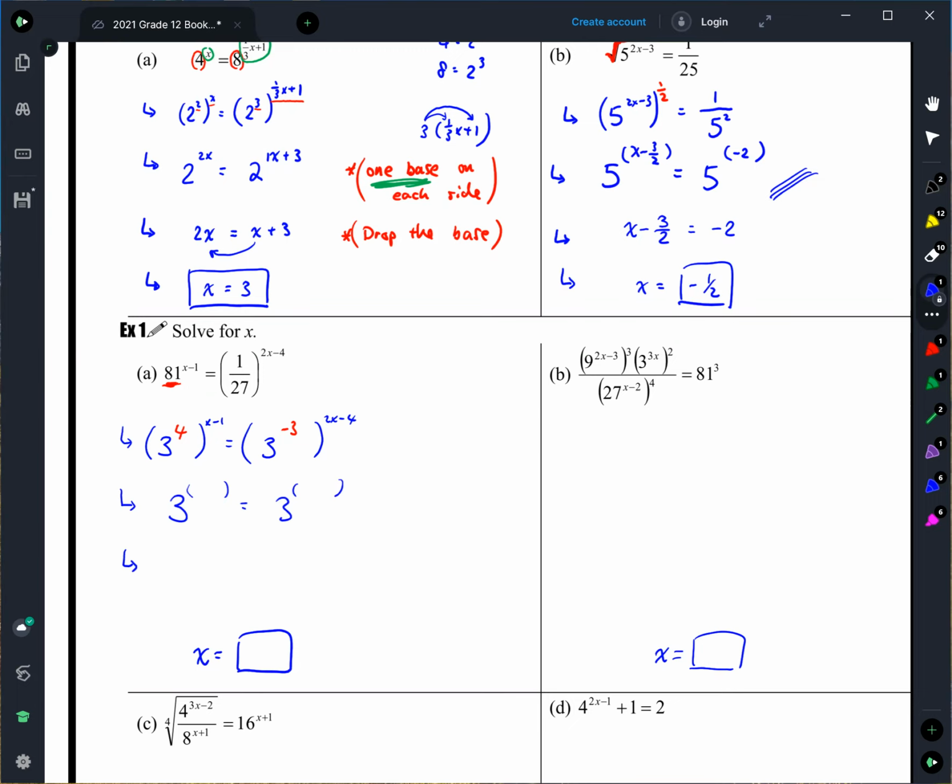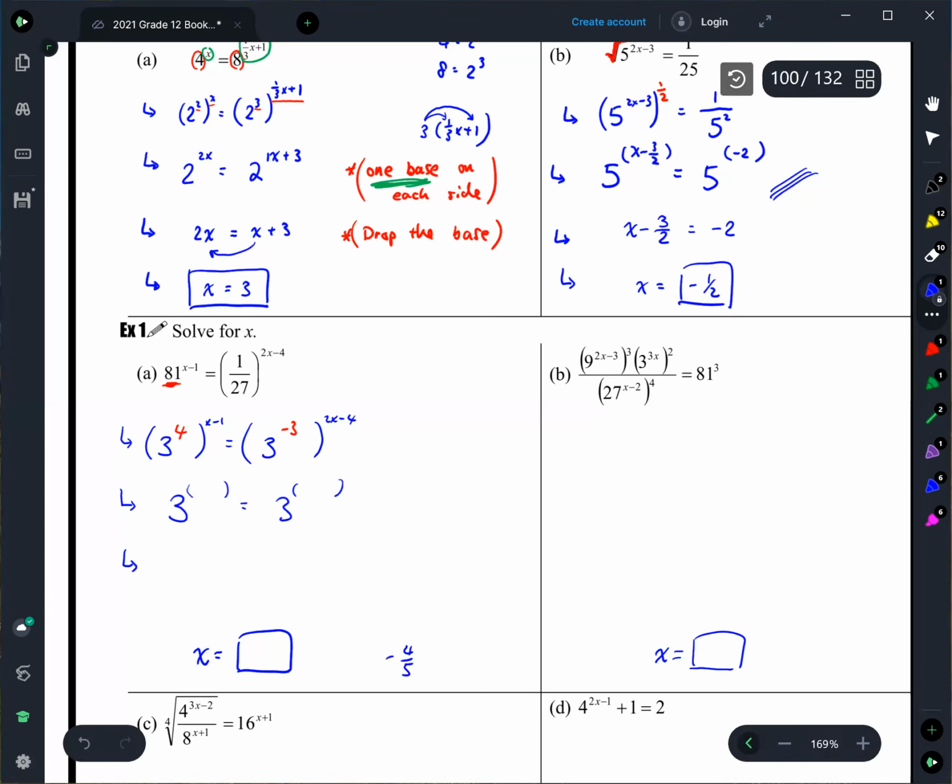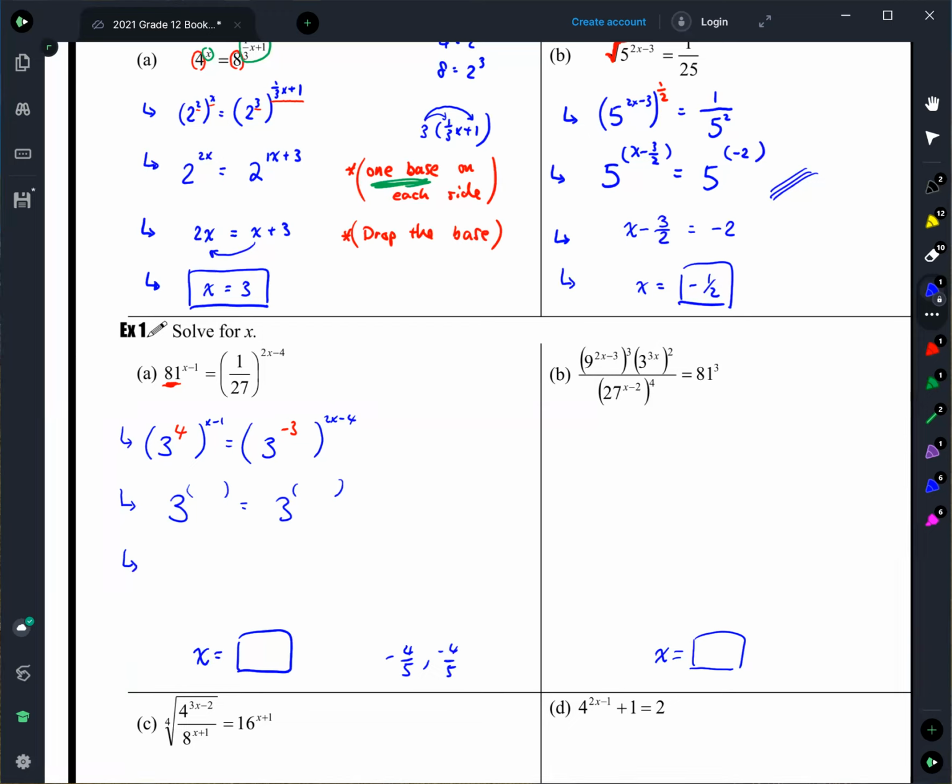Okay, Sophie, what's your final answer for X? My final answer for x is -4/5. -4/5. Okay. And Callum, what's your final answer? Same as the first one. So -4/5. Yes. Okay. Waylon, how about you? Can you repeat yourself? Kind of cut up. Yeah, what's your answer for A? 4 over 5.